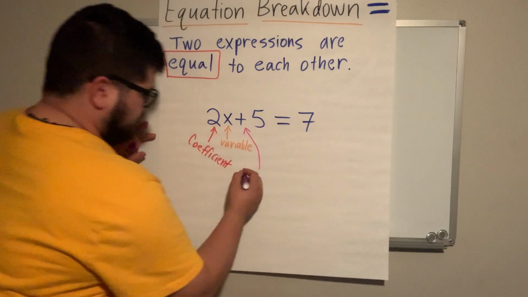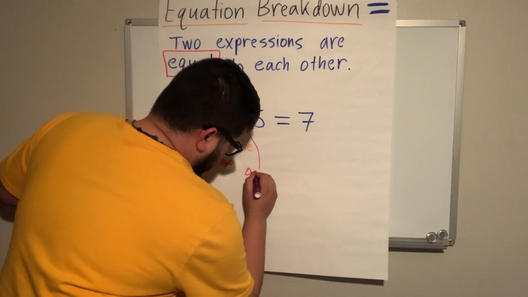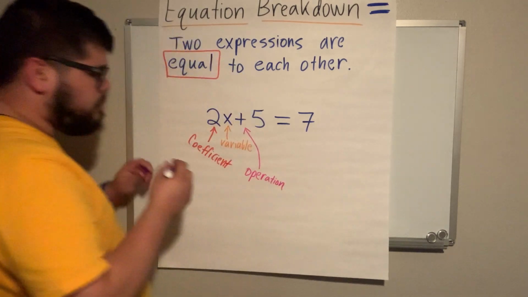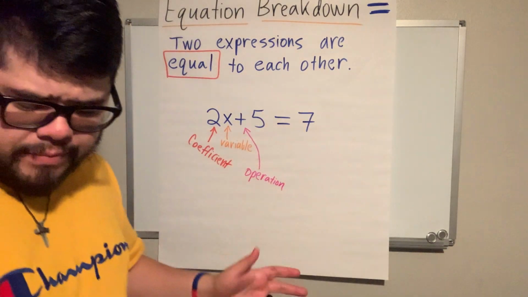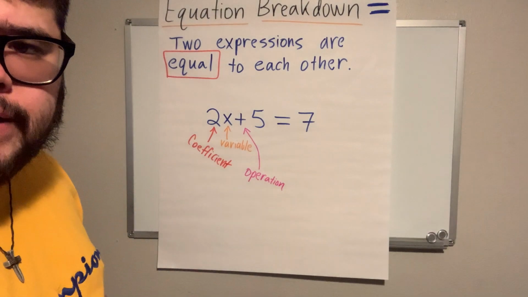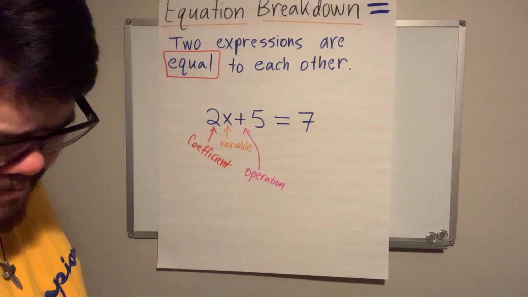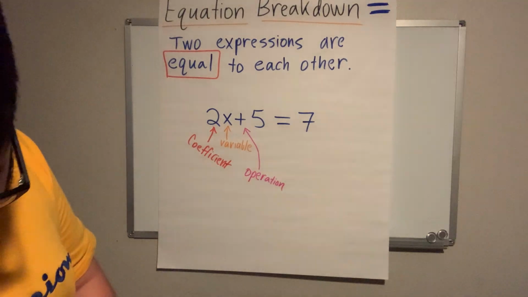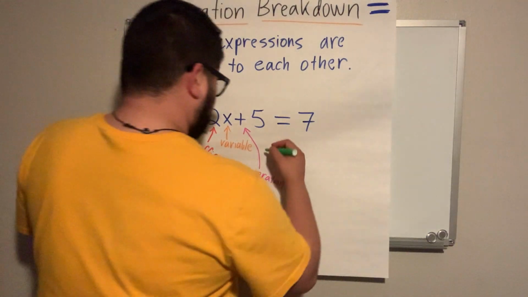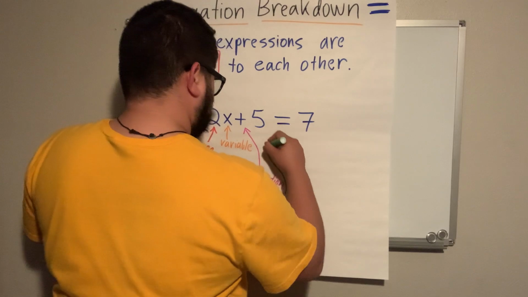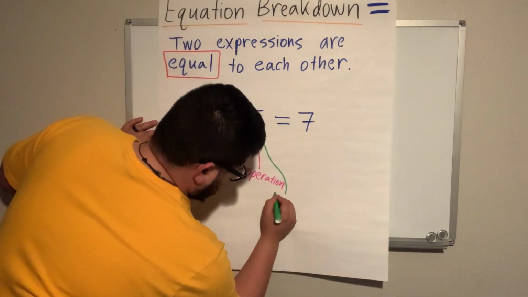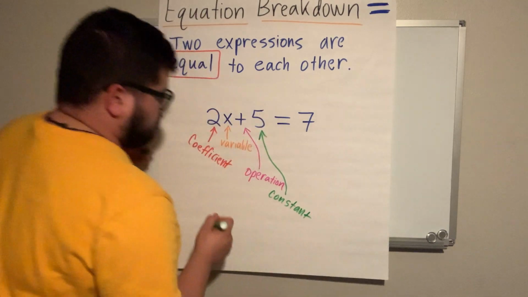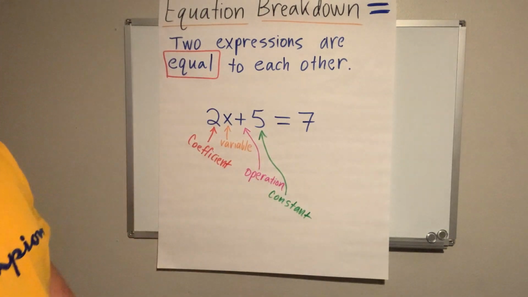The plus sign is the operation. And remember, the operation can be addition or subtraction. And the number 5, remember, is the constant.